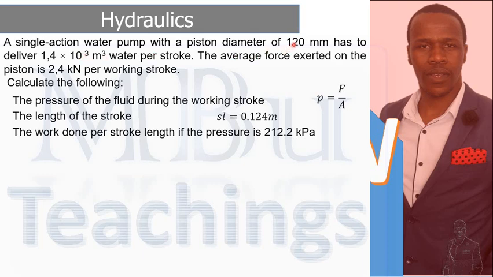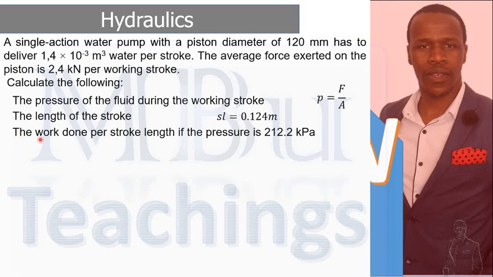So we have the diameter 0.12 meters squared times pi divided by 4. Then we only need SL. Then we can just make SL the subject, or stroke length the subject of the formula, and find it right there.